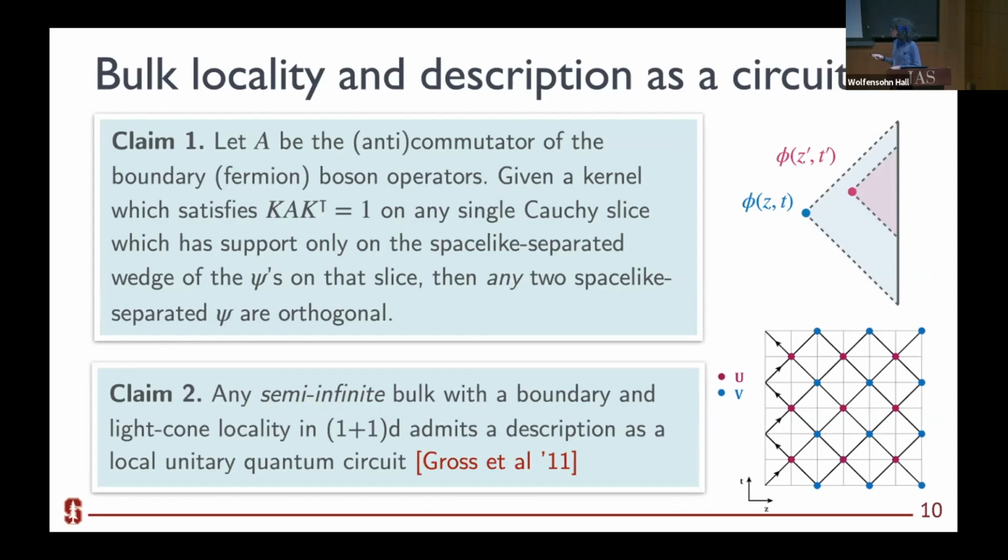And this just comes from a result from a 2011 paper on cellular automata. And the reason we know we have local dynamics in the first place is because of the bulk causal structure that we imposed in the first constraint of our kernel. You can show that that is sufficient to prove that any pair of bulk operators that are space-like separated should be anti-commuting.